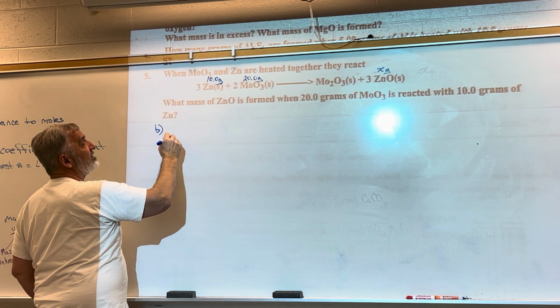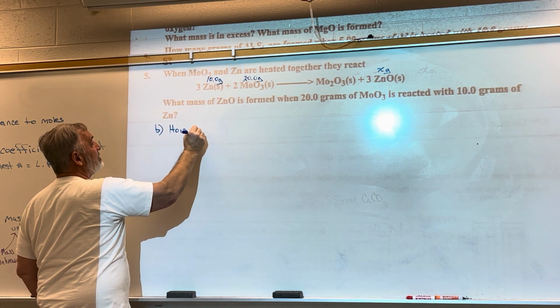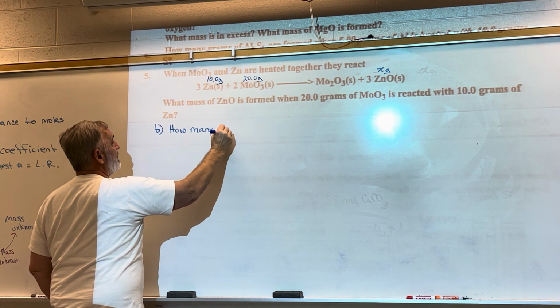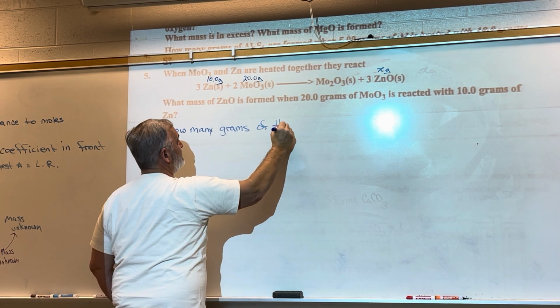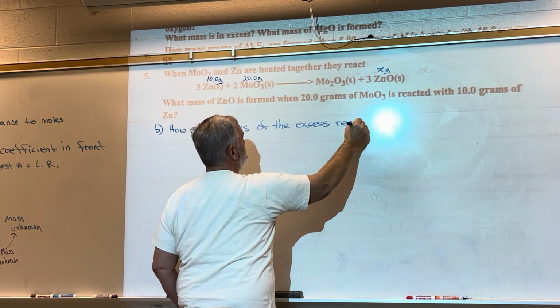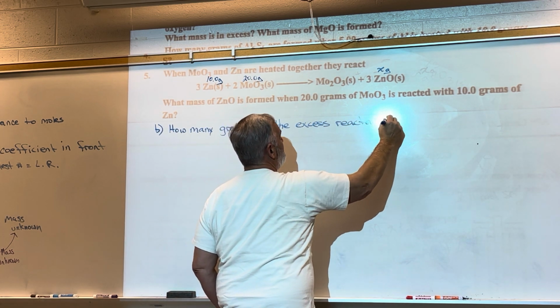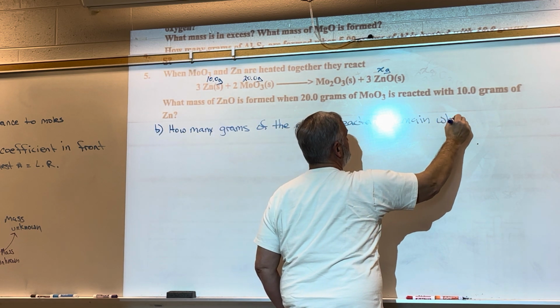B is how many grams of the excess reactant remain when the reaction is complete?